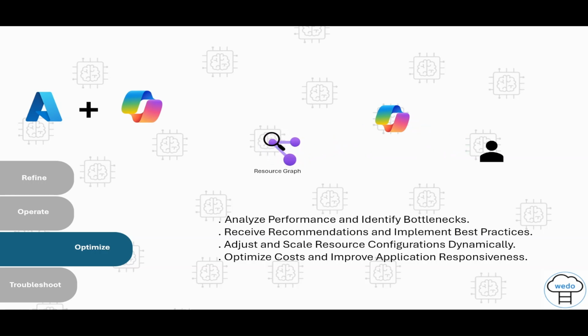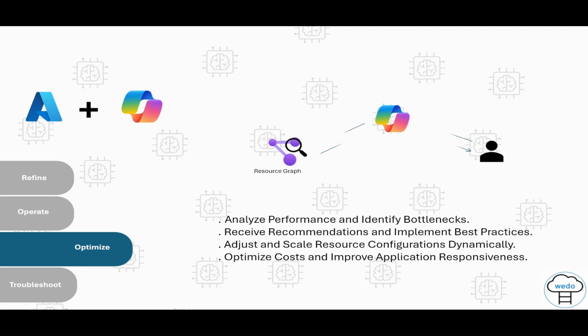So Microsoft Copilot for Azure provides various strategies and tools to help you optimize your cloud resources, from performance tuning to cost management. With Microsoft Copilot, you can analyze the performance of your applications, identify the bottlenecks, and receive recommendations on how to improve the efficiency.